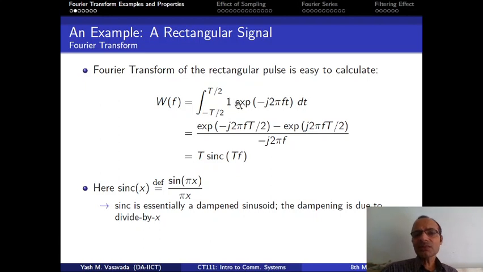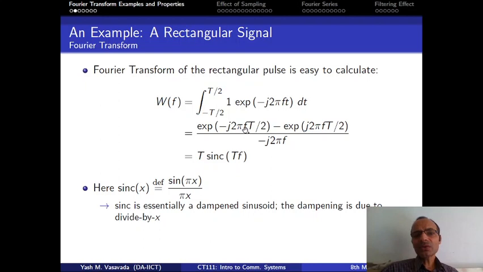And so essentially what we have is an integral of the exponential function with argument minus j 2 pi f t over these limits. But this integral, as you know from your calculus class, is easy to evaluate. It has this particular form. And actually this is nothing but a sine x over x type of function, except now the parameter of that sine x over x is capital T times f.